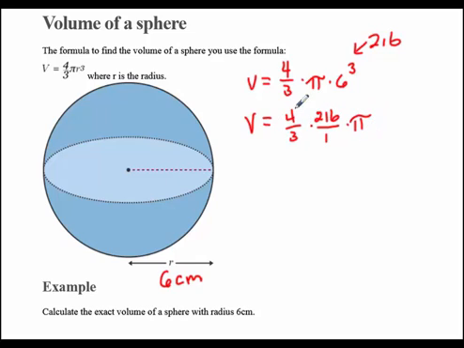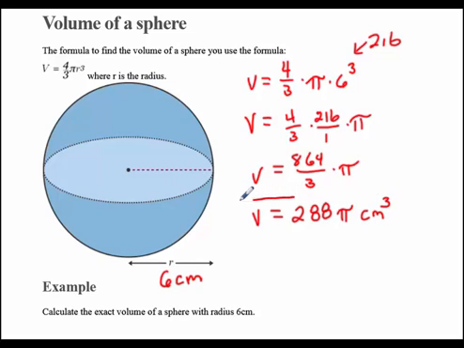Now multiply this straight across, and we get 864 over 3, and it's still times pi, and 864 divided by 3 is 288. So what we have as an answer, 288 pi cubic centimeters. So 288 times pi, and that is in cubic centimeters.